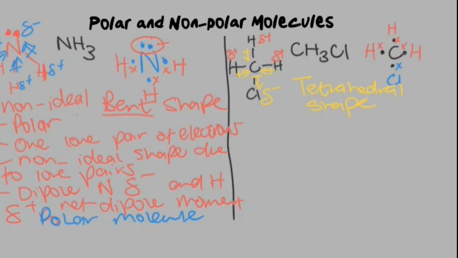But I hope you can see, grade 11s, that this is completely different to when I had the previous examples. I have three different atoms with different electronegativities that are bonding. So naturally, the chlorine is more electronegative. I'll just start off by saying that.